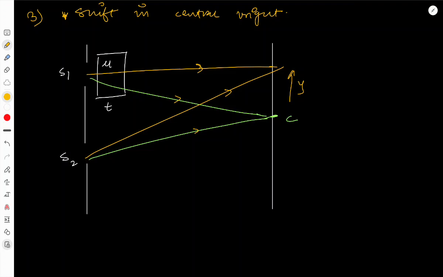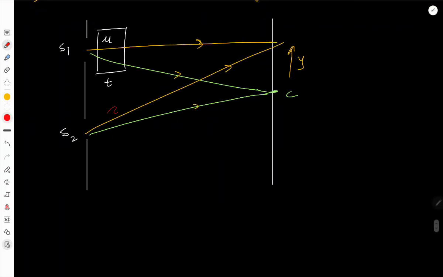So for both of them to meet at a certain time, the second one has to travel much more distance, as we can see from this diagram, or else both will not meet at the same time. And that means both meeting at the same point, that is delta x equal to 0, is our essential condition.